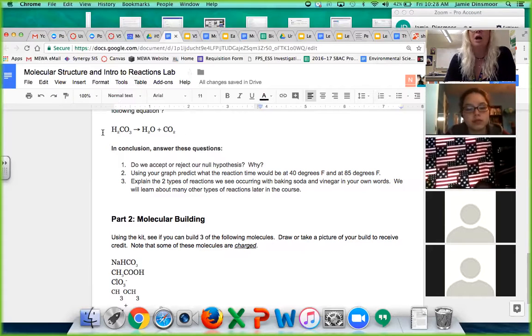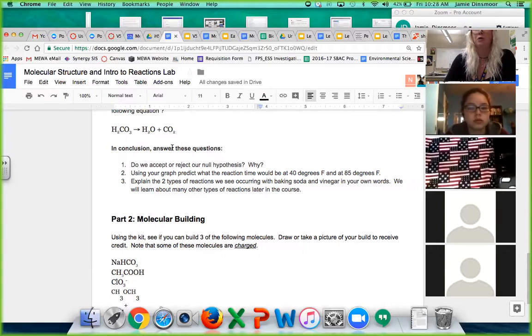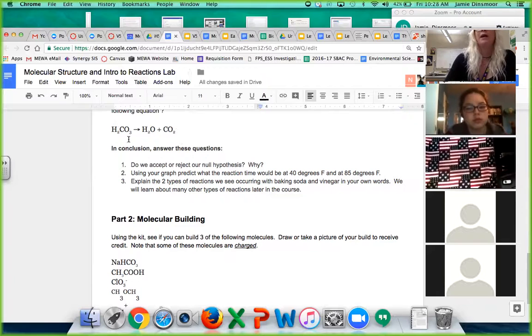So anytime you see a decomposition reaction, you always see one thing breaking into smaller things. It's decomposing. Usually in decomposition reactions, we have at least one gas produced. Not always the case, but usually. So in this case, that carbonic acid is actually breaking down into water and carbon dioxide.